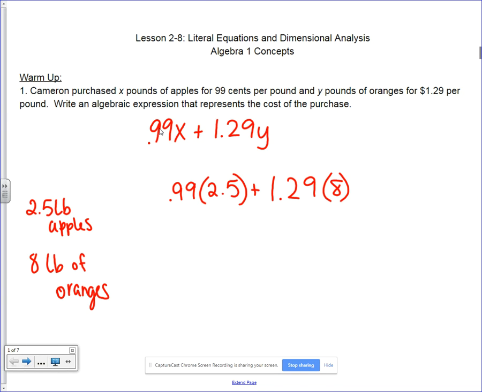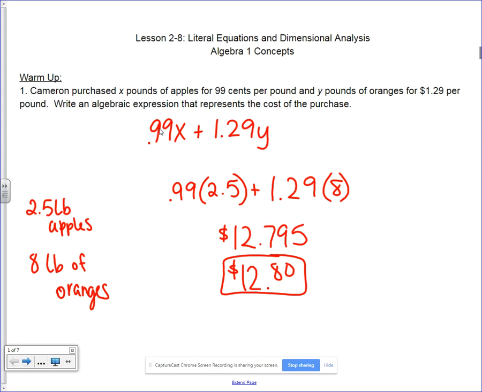All right, guys, how much would that be? Yeah, I think it says 12.795, but it's got to be 80 cents because you know that money only is 2 decimal points. Questions on that first warm-up?